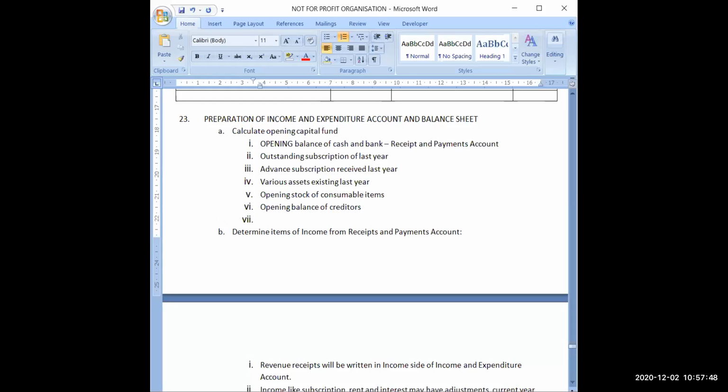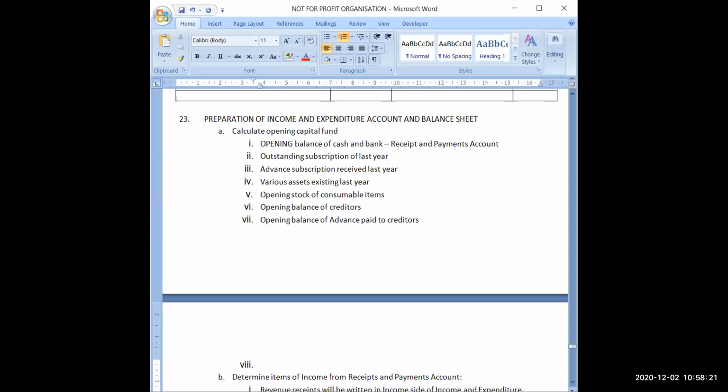You may get the opening balance of advance paid to creditors, like we have done one question yesterday also for that. So such information will be available to you. Various assets and liabilities information will be available to you.